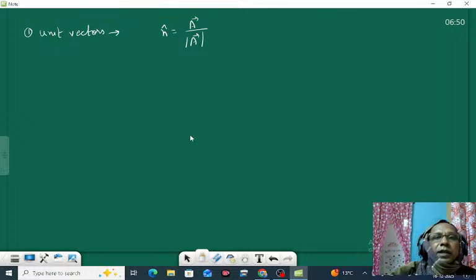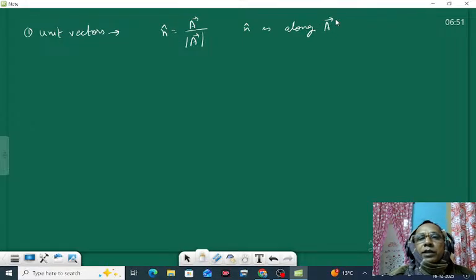It is represented as n unit equal to vector A by modulus of A, and the unit vector is along vector A, that is, in the direction of vector A. That is known as unit vectors.